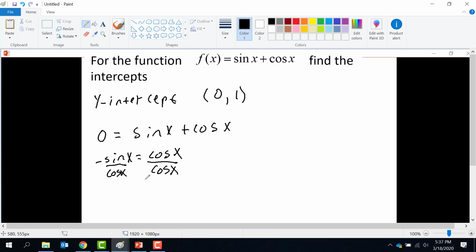The usefulness of that is that the sine of x over the cosine of x can be seen as the tangent of x. So you get negative tangent of x equals 1, or the tangent of x is equal to negative 1. Again, we're only interested in the interval from 0 to 2π.